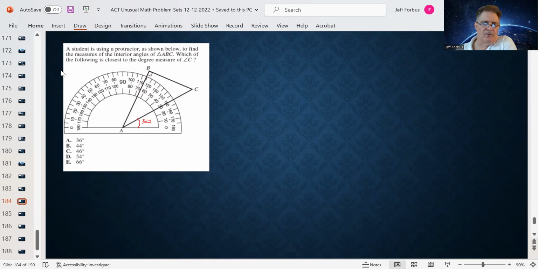And we know right here where AB crosses our protractor is roughly right about 65. So 65 minus 30 makes this inside angle 35.